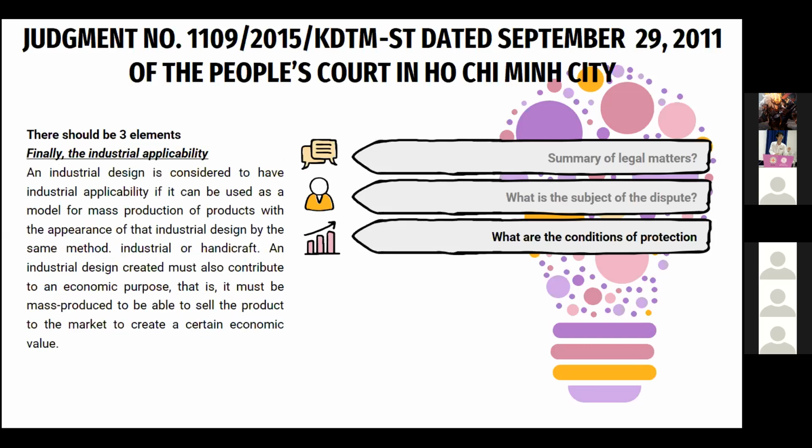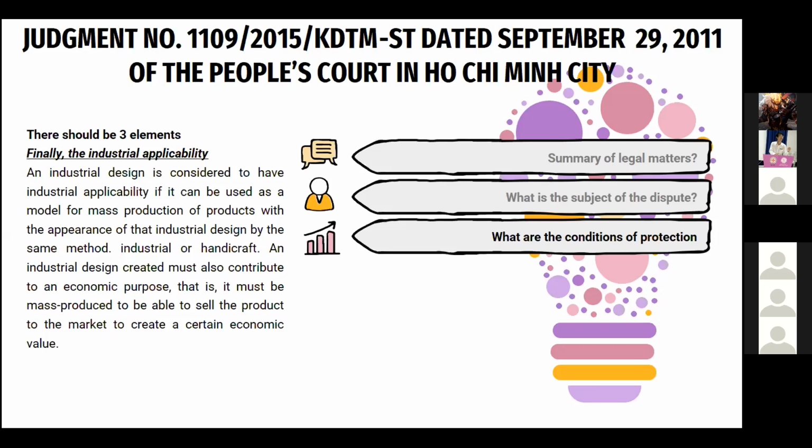And finally, the industrial applicability. In terms of industrial applicability, an industrial design is considered to have industrial applicability if it can be used as a model for mass production of products with the appearance of that industrial design by industrial or handicraft means.